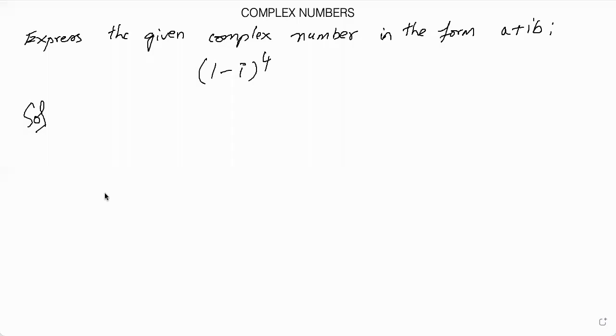So let us solve this. This can be written as 1 minus i whole square, and to the power of square. Now this will be whole square, which is 1 square plus i square and minus 2i.